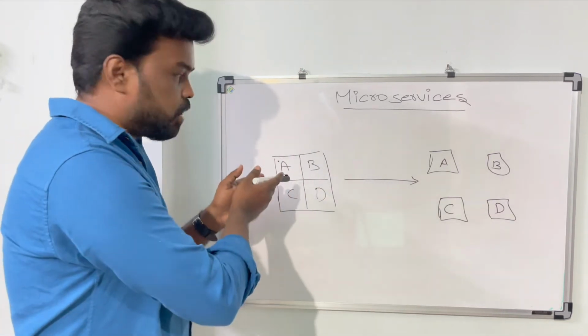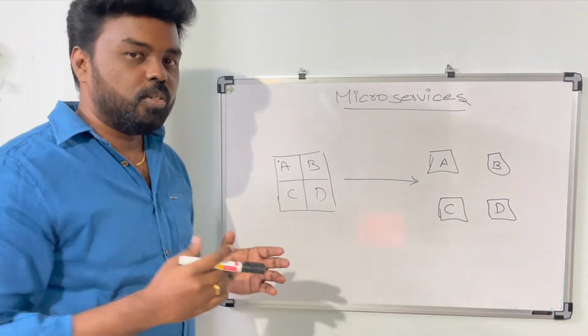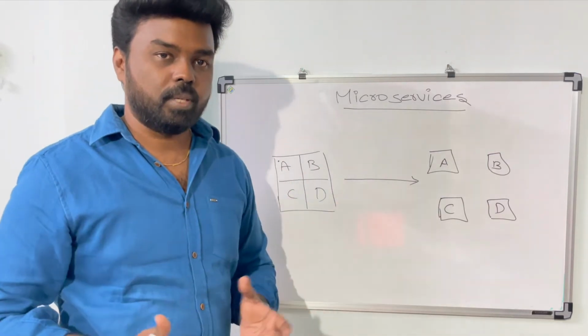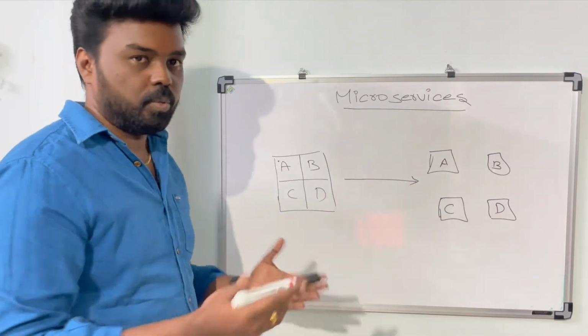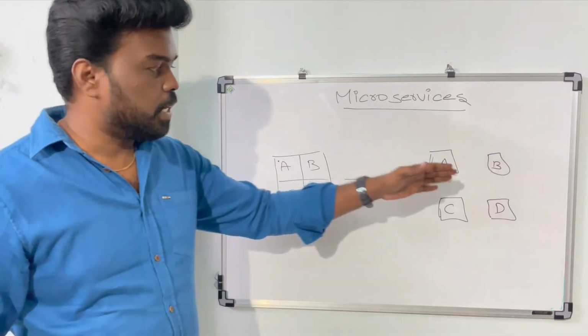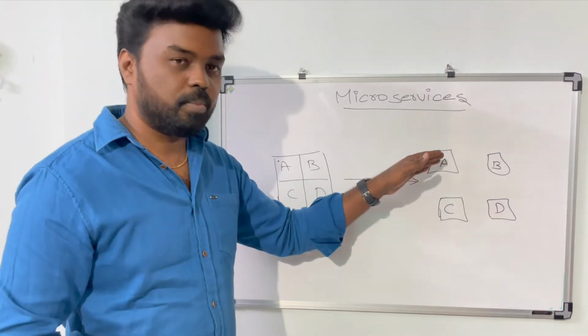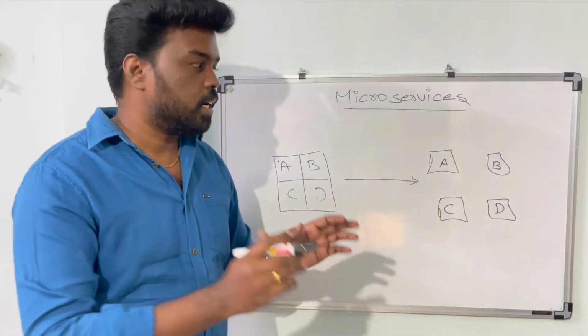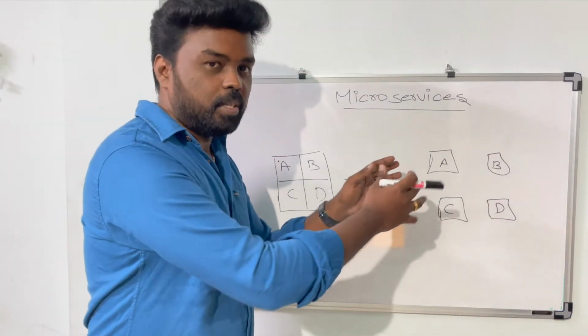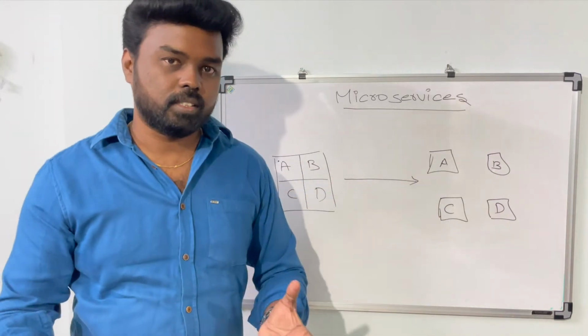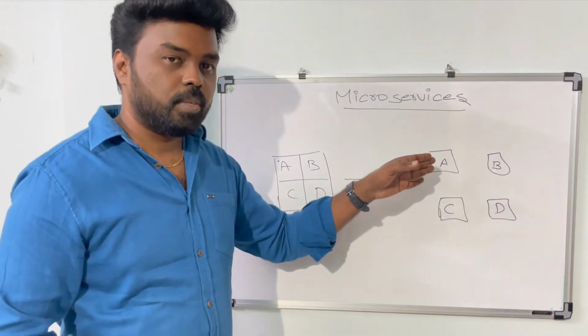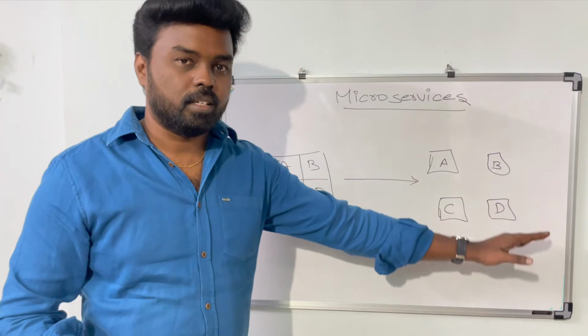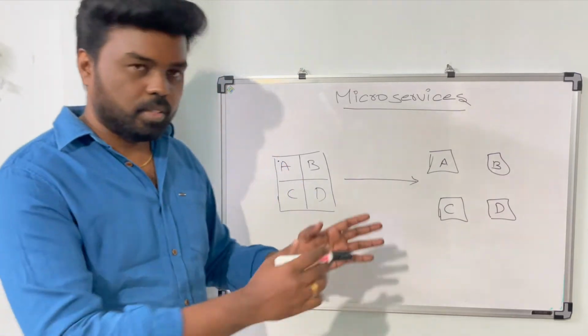So even if you make a small change to module A, you may have to test the entire monolithic application to make sure nothing got broken. But with microservices, if you fix a bug or implement a new feature in module A, you may have to test only module A, because the services are loosely connected to each other. Making changes to module A might not impact the other modules. So that's one of the advantages.